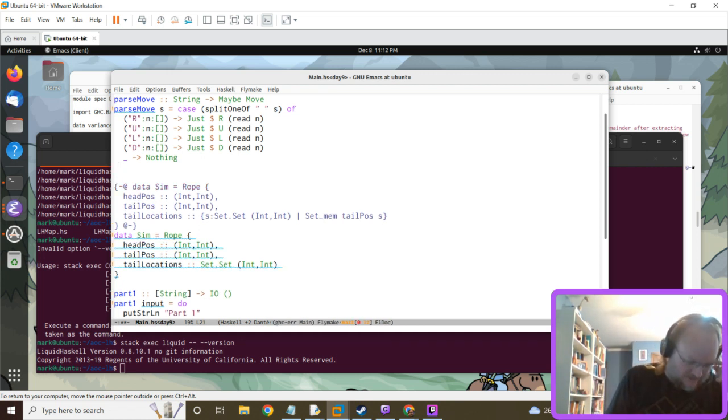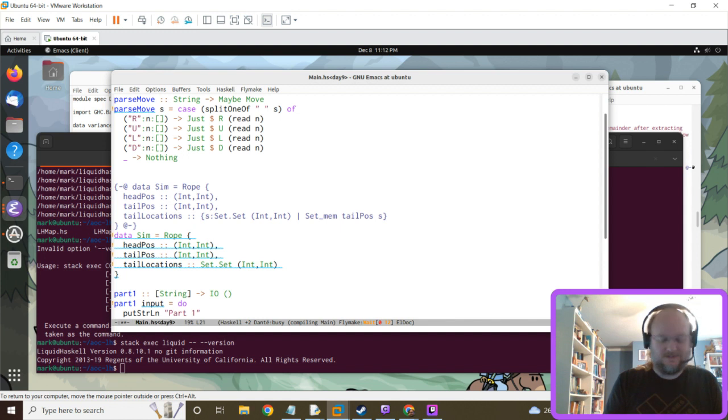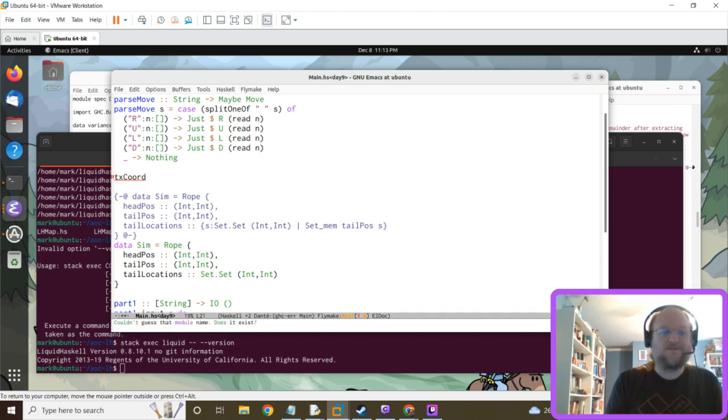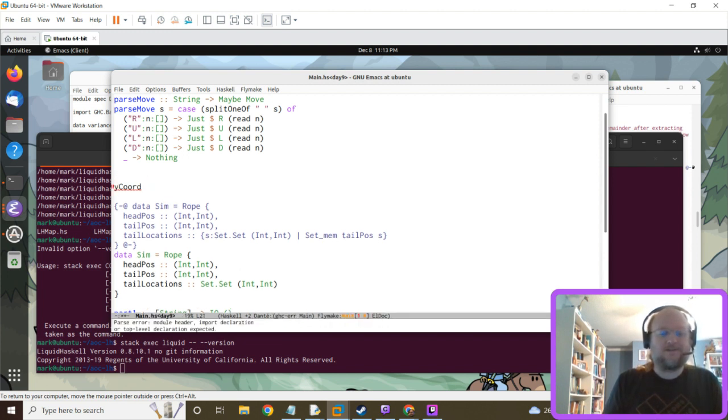And do we need a measure? Don't think so. Might need to introduce. All right, I'm going to introduce measures for extracting the x coordinate and y coordinate rather than just using first and second.